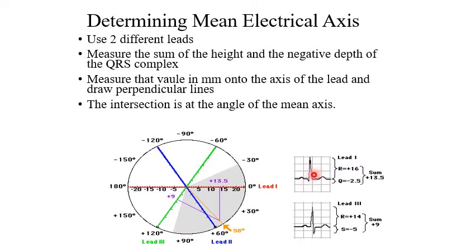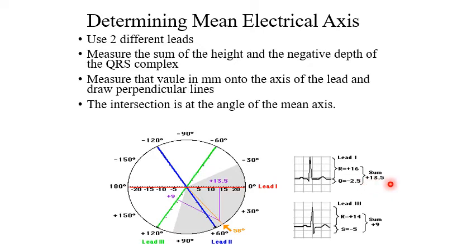If we have a positive deflection, we measure its length in small squares, and we put a positive sign. For the negative deflection, we put a negative sign. Here the Q is minus 2.5 small squares, and the R was positive 16, and we sum the positive 16 and the negative 2.5 to get positive 13.5.